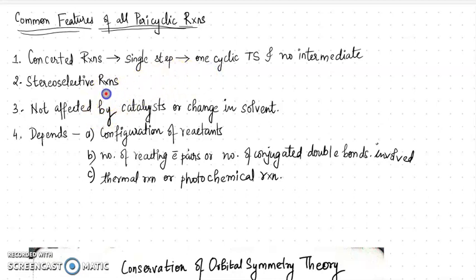Second important feature that you see is the stereoselectivity. So this I briefed up in the conclusion of the previous video, that these reactions are highly stereoselective. Now, the stereoselectivity you might have seen in other reactions also, where you got some major products and then minor products formed stereoselectively.